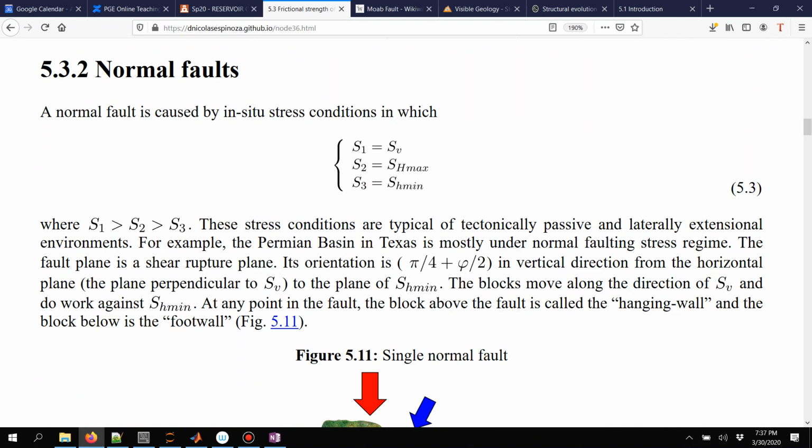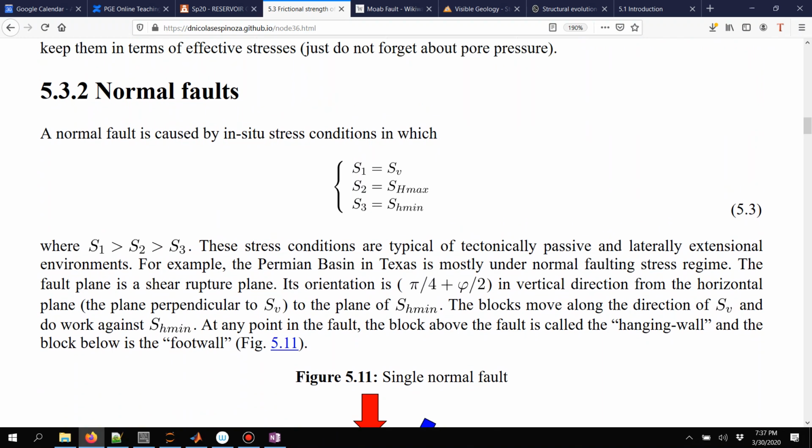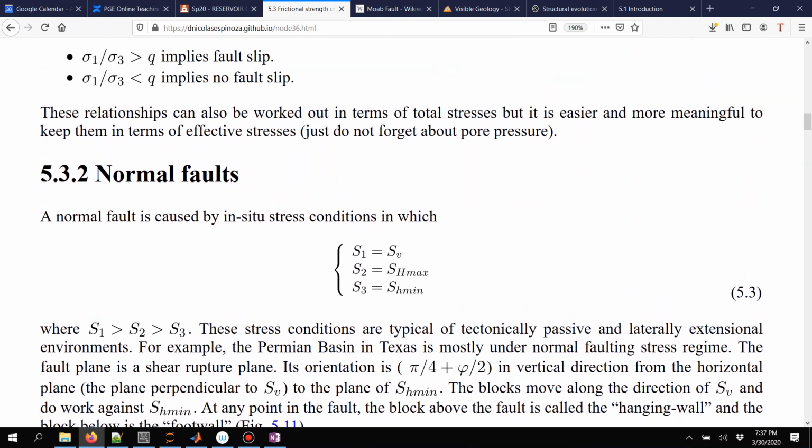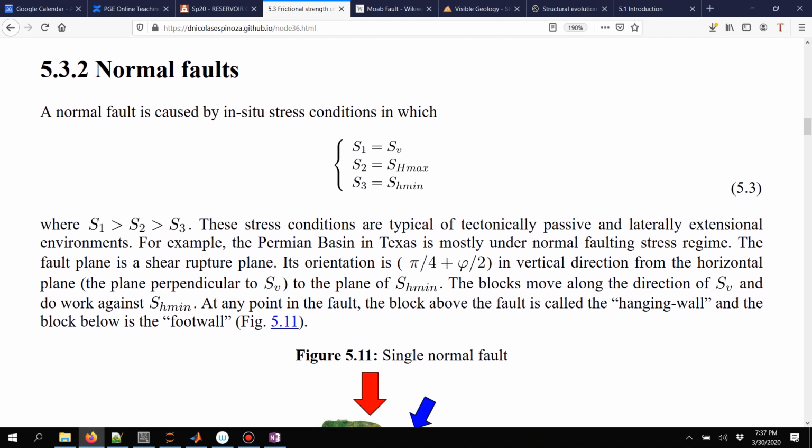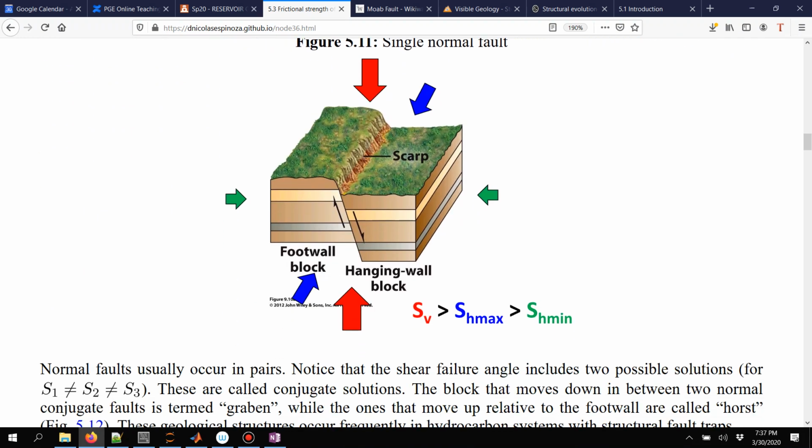Whenever the ratio of the maximum effective vertical stress divided by the minimum effective horizontal stress is larger than the friction coefficient Q, we're going to have a fault or a fault displacement. And in normal faulting conditions, that will result in a normal fault.